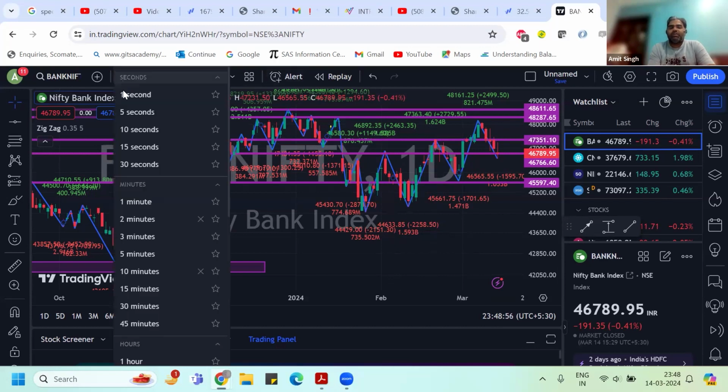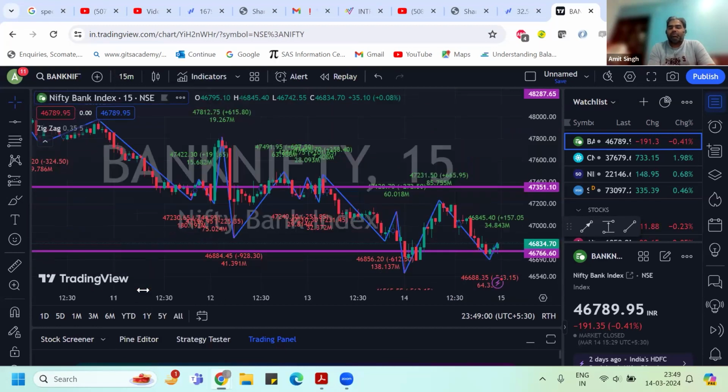Now, if I convert this day chart into a 15-minute chart, probably guys, you can see the way Bank Nifty is moving right now. It has touched its support at 46,761. Okay, the moment it touched the support, it bounced back. Now it is somewhere around 46,800, close to that.